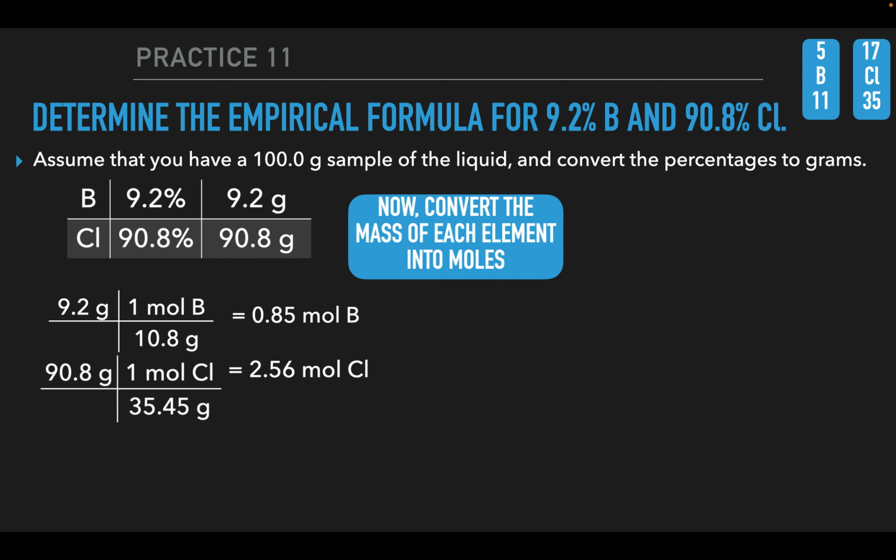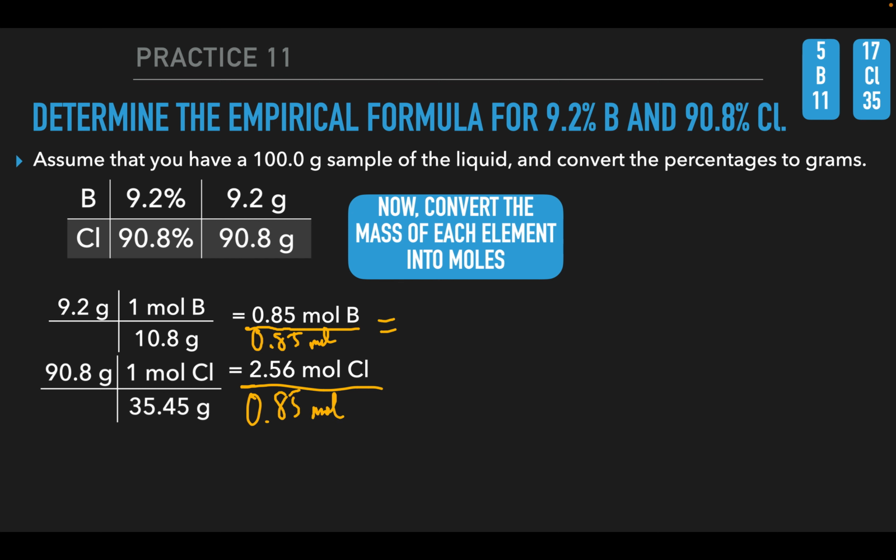So you got 0.85 moles of boron, 2.56 moles of chlorine. Then once you have moles, you divide by the lowest moles, which is 0.85. So you divide boron by 0.85, and you also divide chlorine by 0.85.